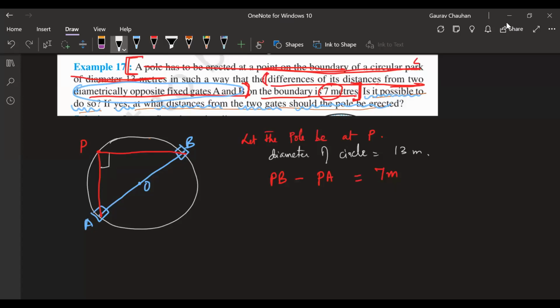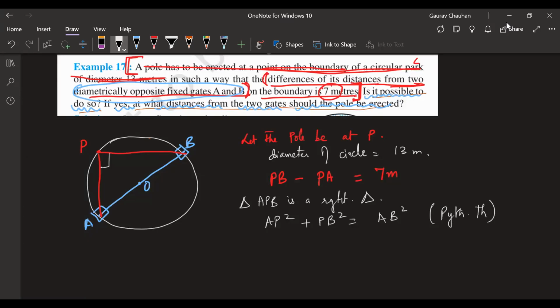So we write that triangle APB is a right triangle. That means AP square plus PB square is equal to AB square because of Pythagoras theorem.